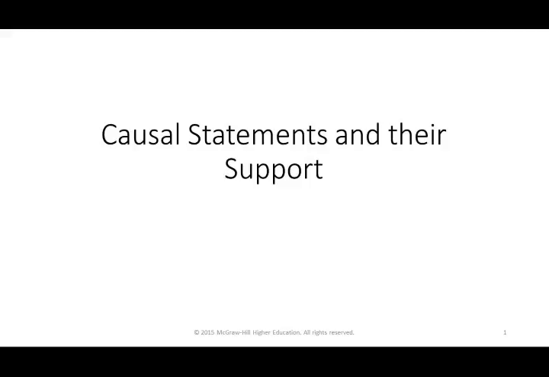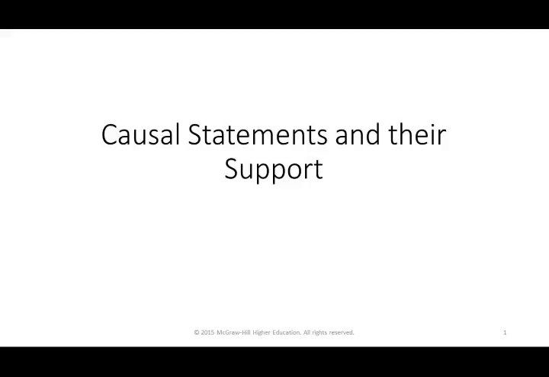The question for this section is this: how do we support, or how do we know that our causal statements are true? We see two things happen together and we say that one causes the other.